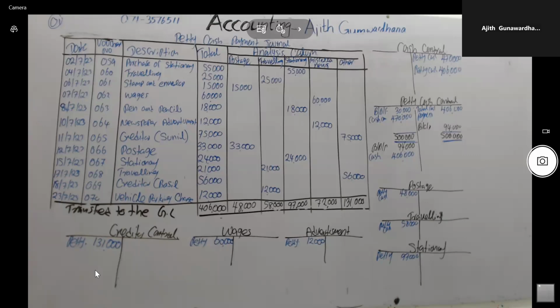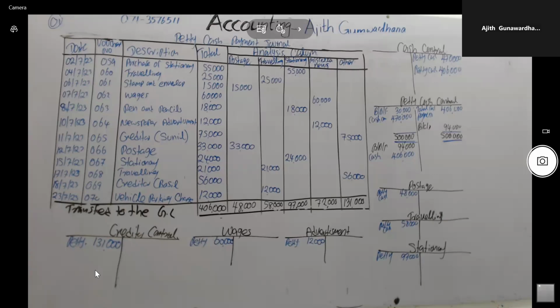Right, question number second one, complete petty cash payment journal. First one, draw the format. And date it is given. Think voucher number also given. Same transaction.